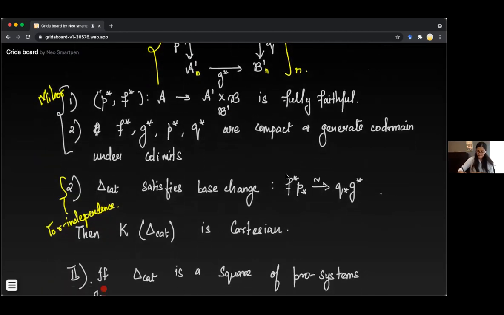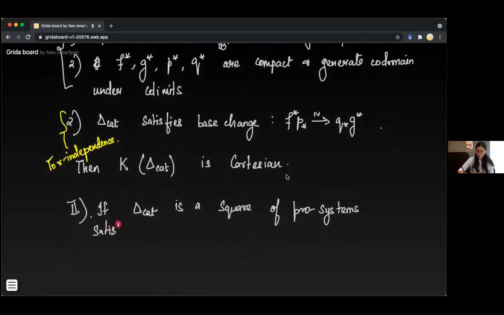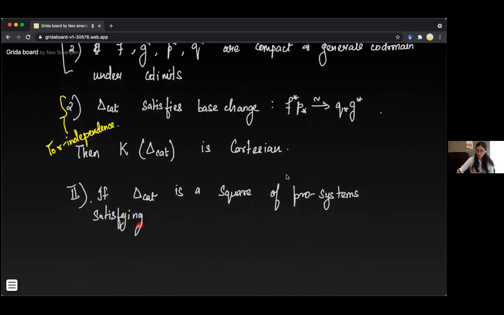satisfying level-wise base change and level-wise Milnor.